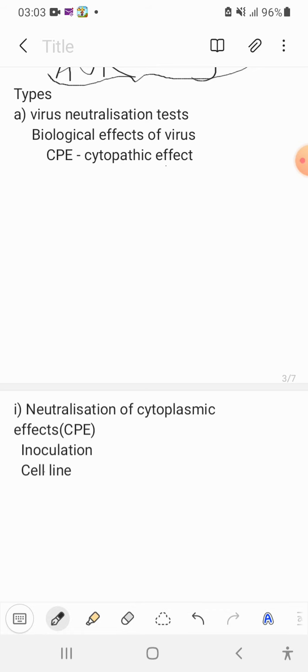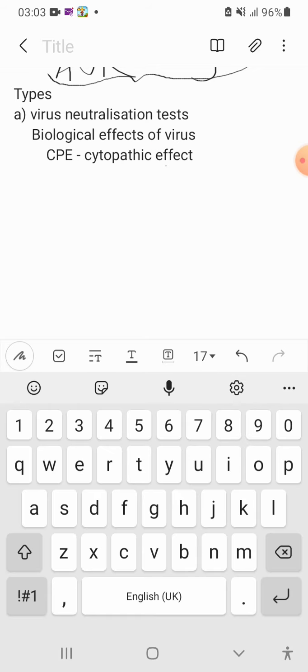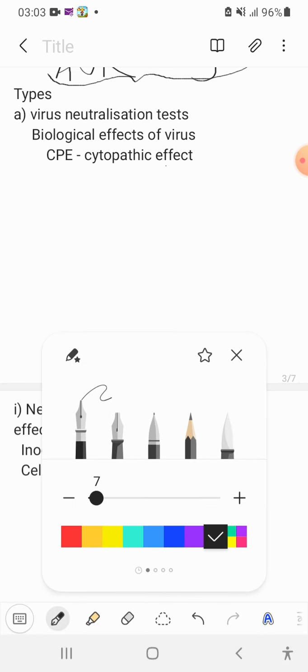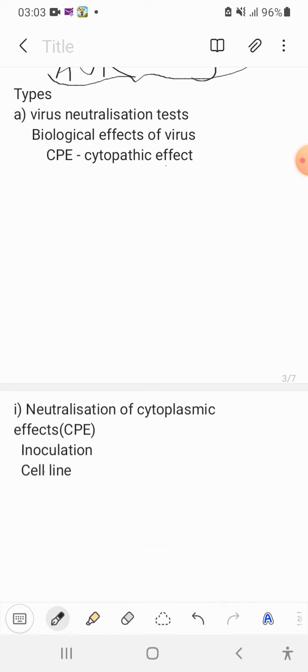It can make the cell look round, very round, instead of having any other shape, or make a number of cells join together to form a larger cell, or it can cause inclusions in the cytoplasm of a cell or the nucleus.